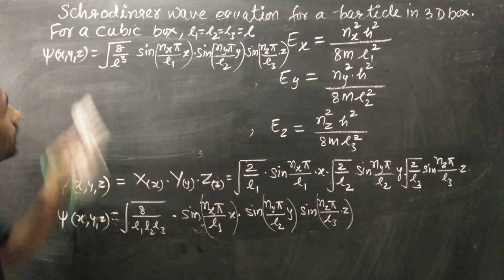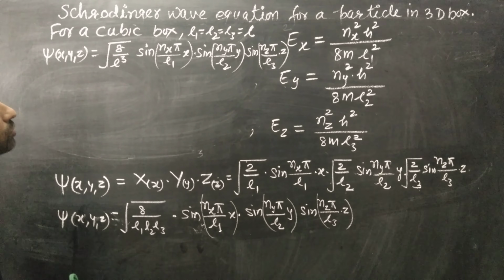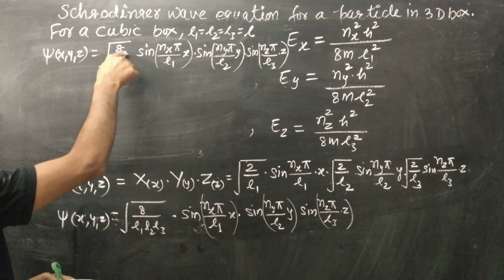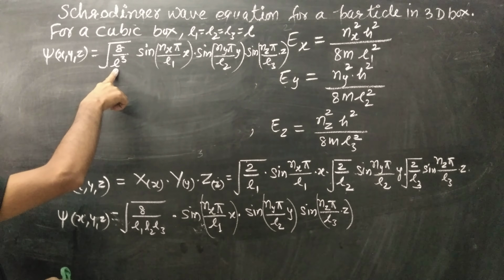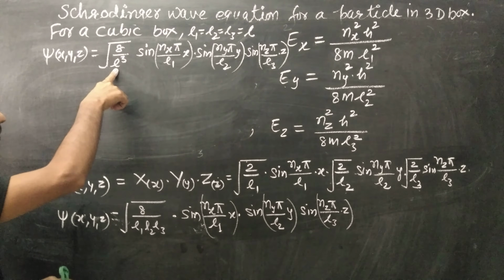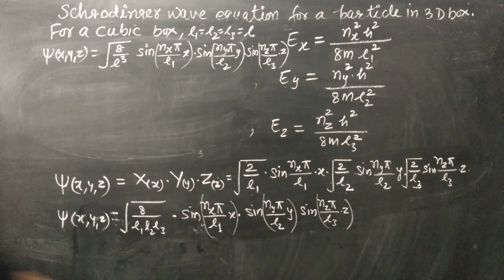Right? So this is the final equation. You can write it as 2 under root 2 upon L into under root 2. Is it right? You can write it like this.